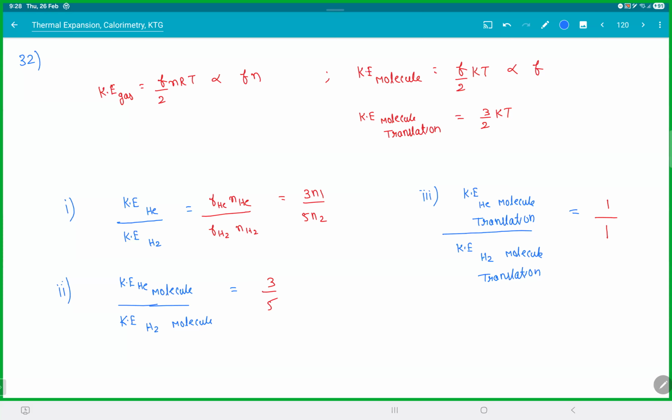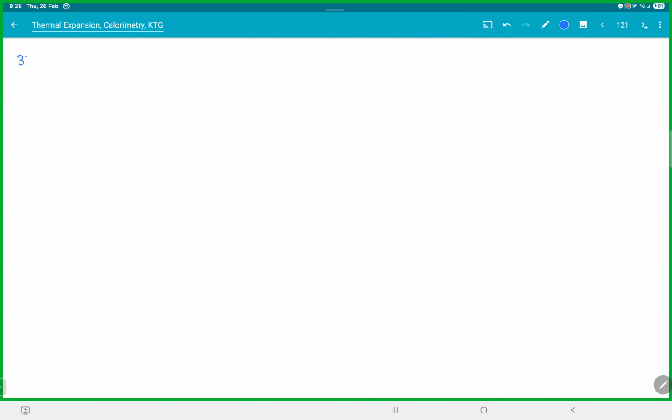So when you mix up two different gases, that particular speed range will be same only, na? V1 square, V2 square, Vn square. Okay, sir. That average. All clear with this? Easy one. But yeah, you need to know the formulas for kinetic energy of a molecule and a gas and everything. Let's see one more.